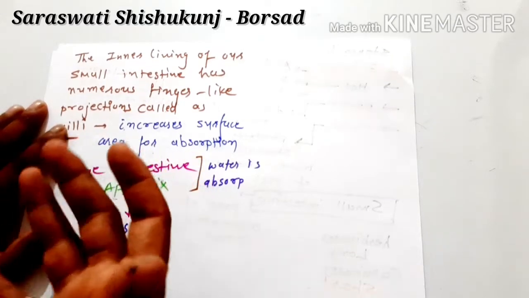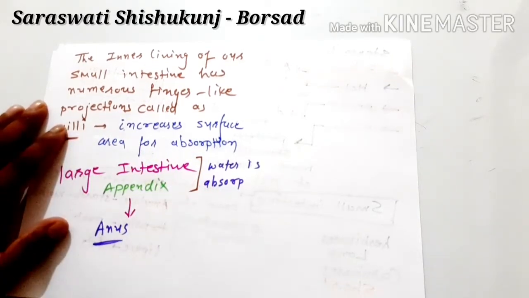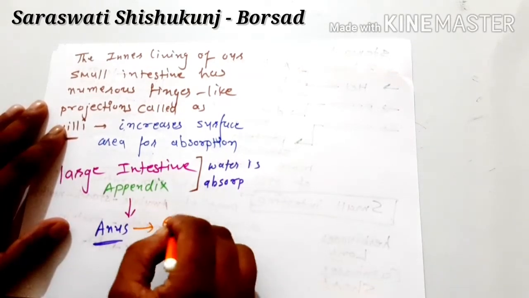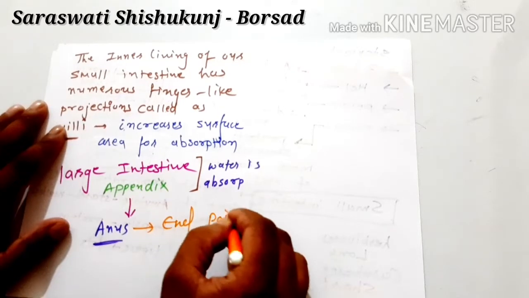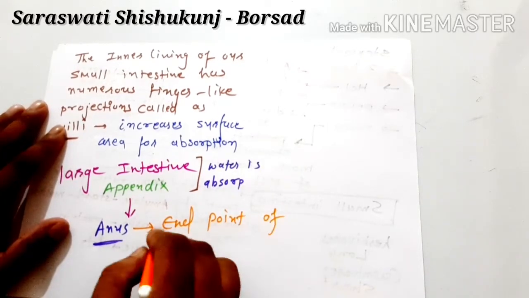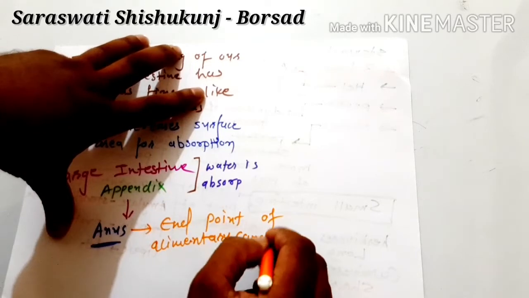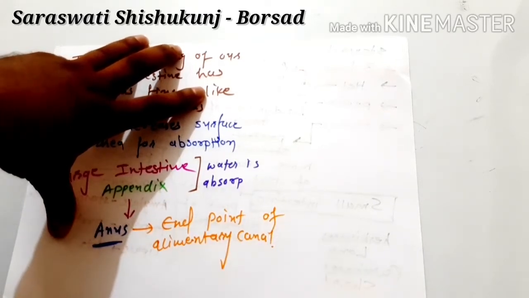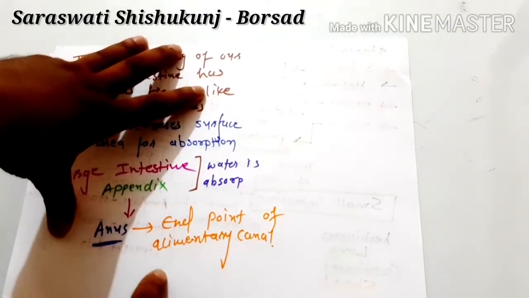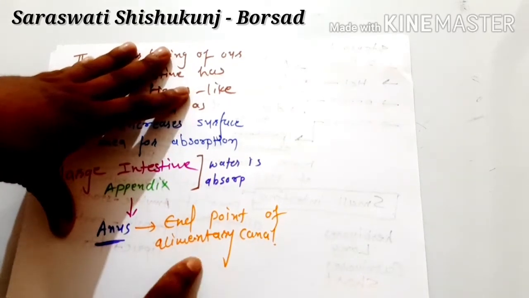And as we have discussed, our alimentary canal starts from the mouth, so this anus will be the end point of the alimentary canal, right? And this is regulated by anal sphincters.